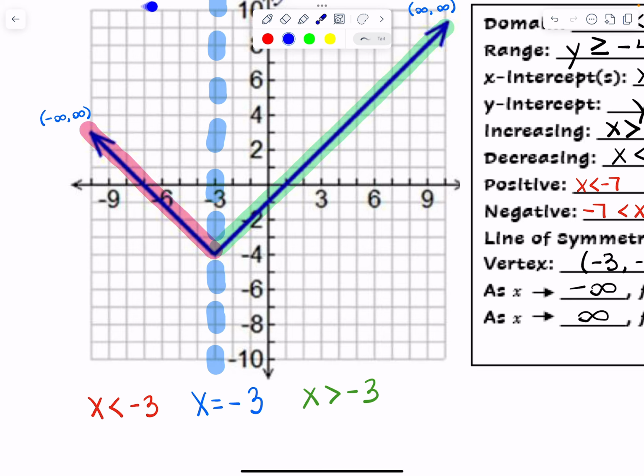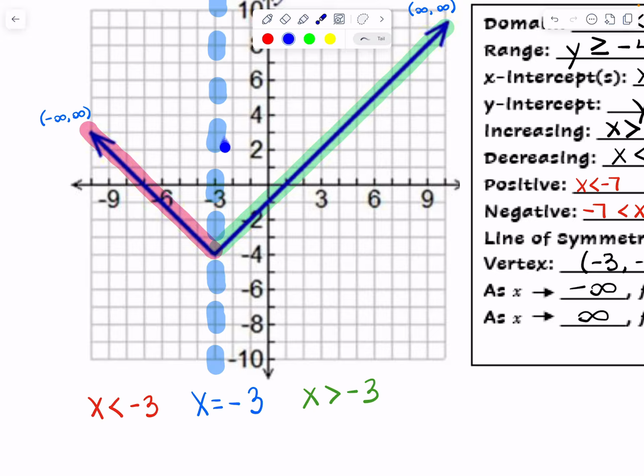So this stuff over here is where x is less than -3. So that's where it's decreasing. Now on the other side of that axis of symmetry, or the line of symmetry, is where x is greater than -3. So this side over here is where the graph is actually increasing.